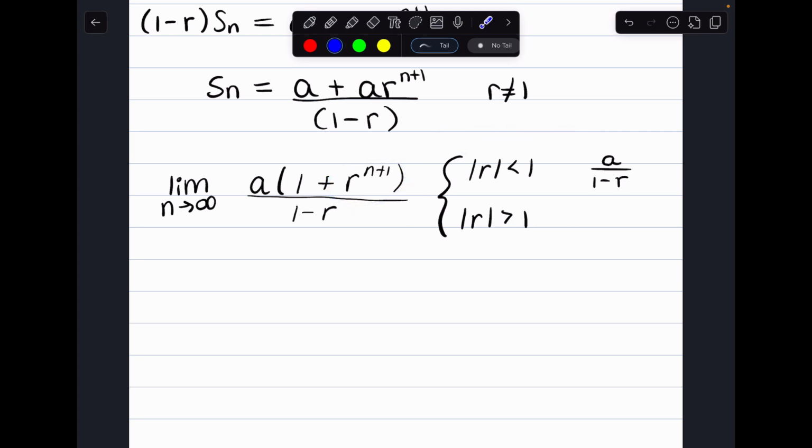If n is even, we'll have a negative growing number. If n is odd, we'll have a positive growing number, and that's because of this plus 1 as well. And so we'll end up getting that this limit, I'm just going to write does not exist. It could be infinity, it could be does not exist. We don't know.